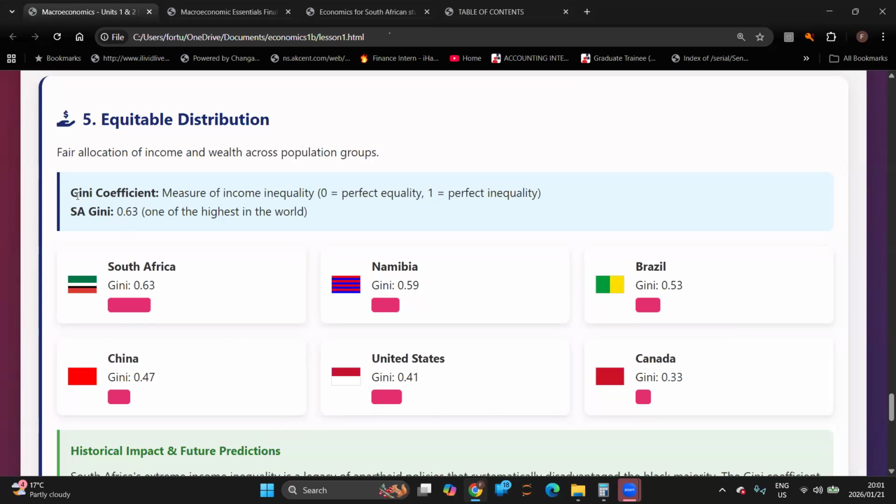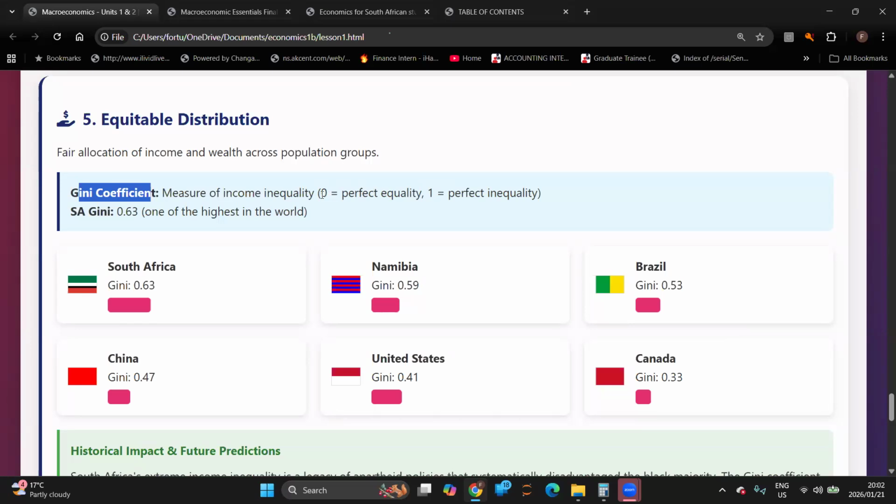So just to put it into perspective, the equitable distribution of income and wealth is measured by a proxy referred to as the Gini coefficient. That is a measure of inequality between 0 and 1, with 0 indicating perfect equality and 1 representing perfect inequality.